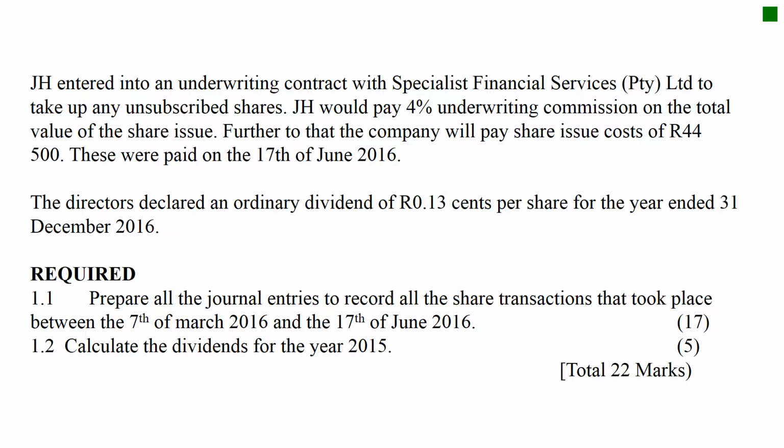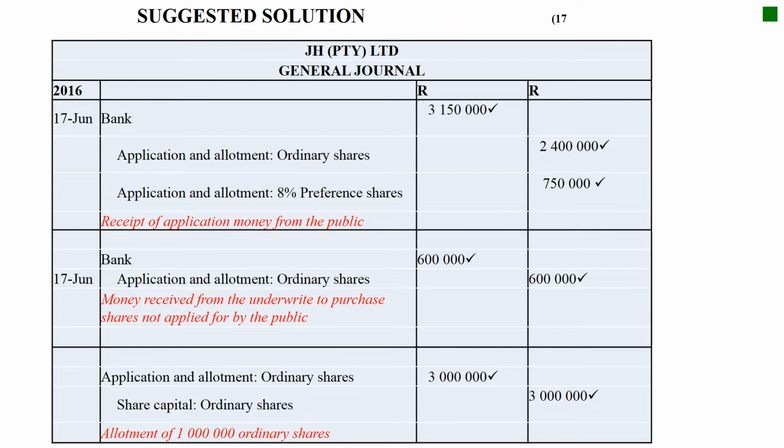Then part 2 requires us to calculate the dividends for the year 2015, for 5 marks. We will now go on to part 1 and see how we are supposed to go about it.